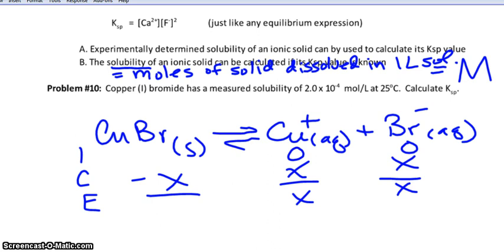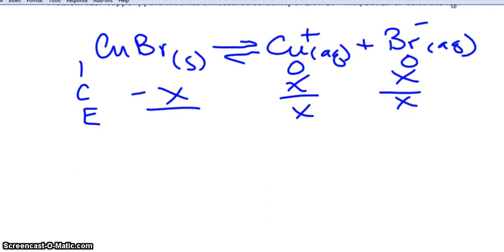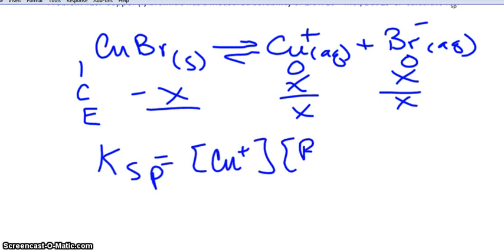Okay, so now what? We can set up the KSP value. So KSP is equal to the copper ion concentration times the bromide concentration. I'll write that down. Well, what is X? X is the solubility.